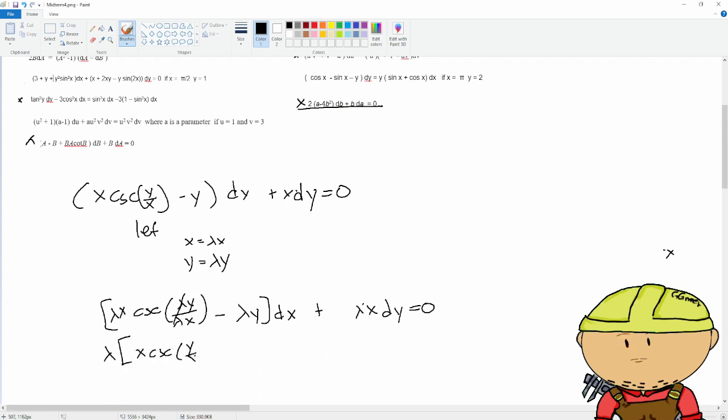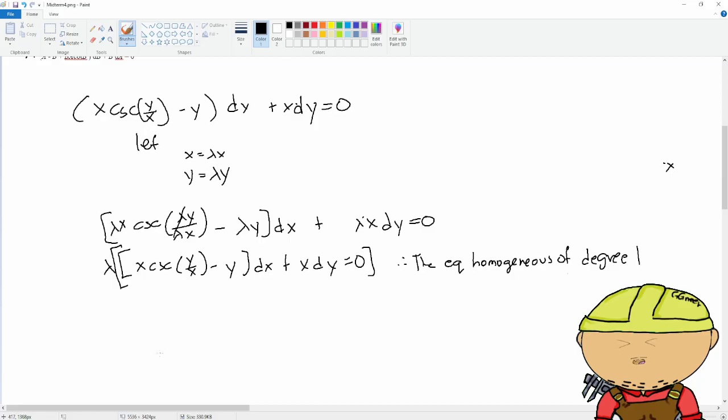Okay, there we go. Are you guys seeing this? So we can now say that the equation is homogeneous of degree 1. Right? So this is now a homogeneous equation.